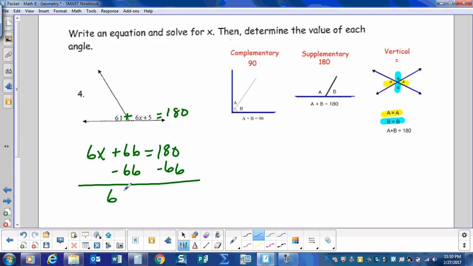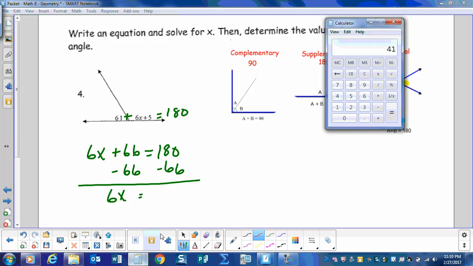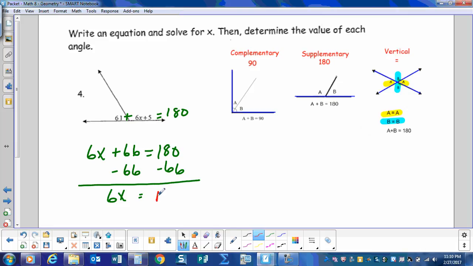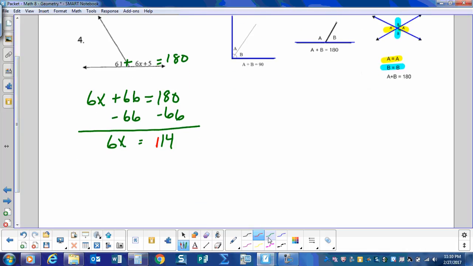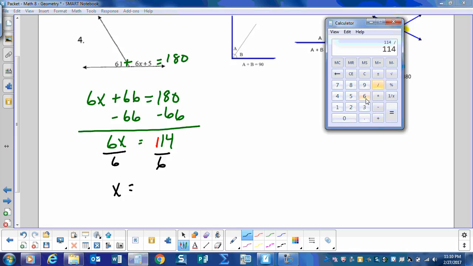So 6x equals 180 minus 66, and that's 114. And then we're going to divide by 6. X equals 114 divided by 6, which is 19.